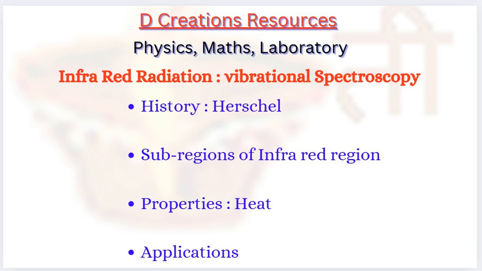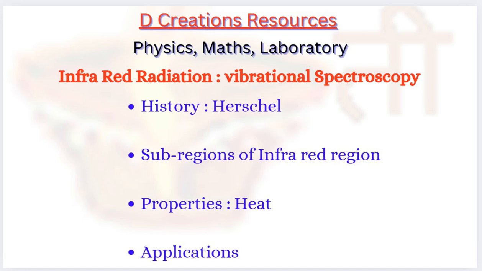Now, this infrared radiation is subdivided into certain sub-regions. These three regions are called near infrared, infrared and far infrared regions. In terms of wave numbers, 10,000 to 4,000 centimeter inverse is for near infrared. Then 4,000 to 200 centimeter inverse is for infrared, and 200 to 10 centimeter inverse is for far infrared.